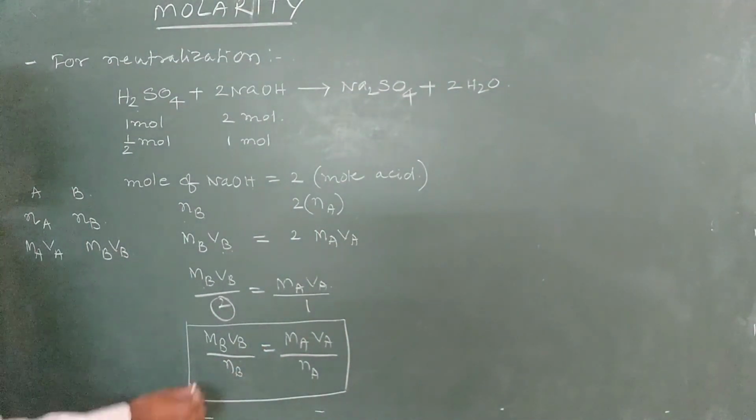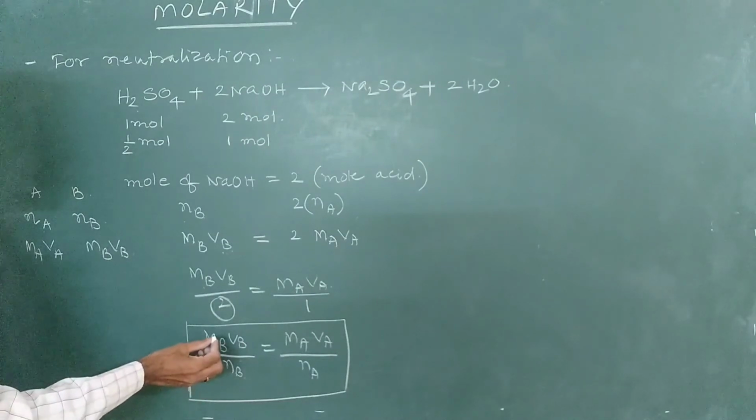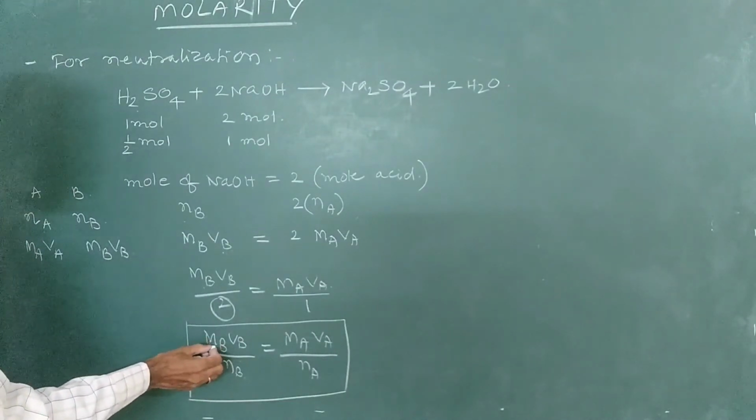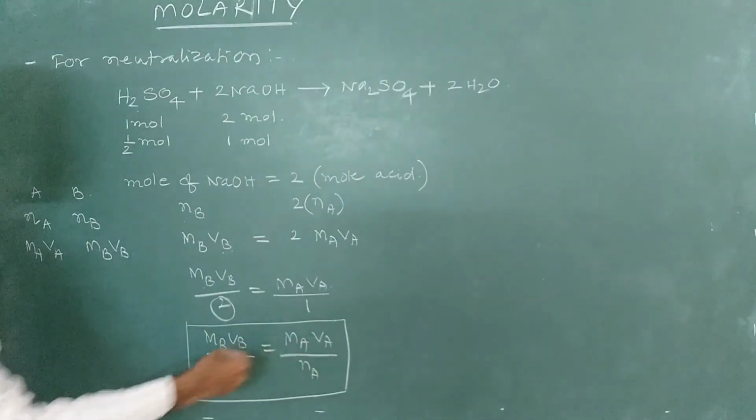Here, if you know the molarity of either base or acid, the molarity of the second component can be calculated, provided that the volumes Va and Vb are given.